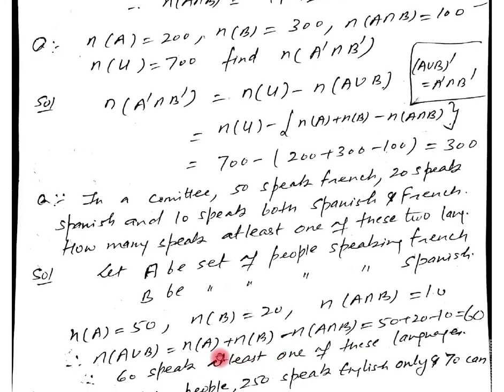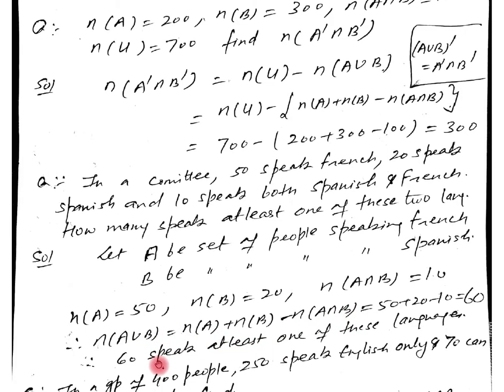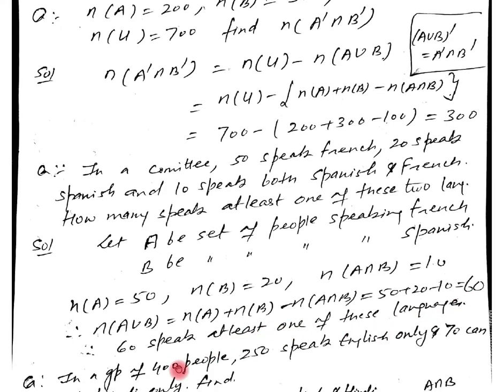So we can write the number of A union B as the number of A plus the number of B minus the number of A intersection B. Putting all the values, we get 60. Therefore there are 60 people speaking at least one of these languages. Whenever it is a word problem, always express your answer in words at the end.